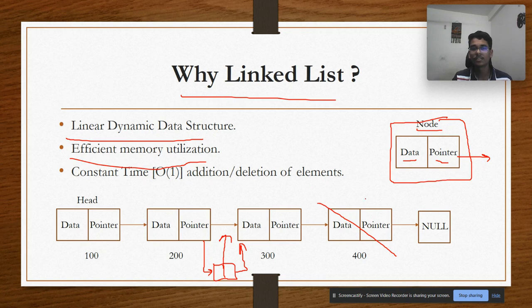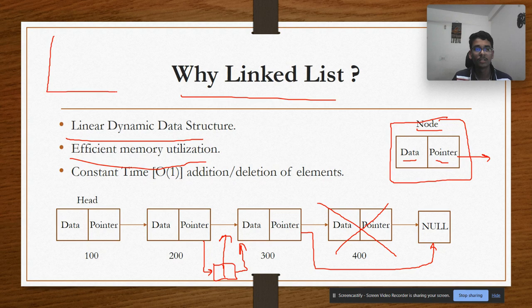But in the case of a linked list, the memory is freed for this element and would cease to exist in the memory, and the pointer of the previous element would simply be redirected towards the null, thus signifying the end, and thus a more efficient memory utilization is done.